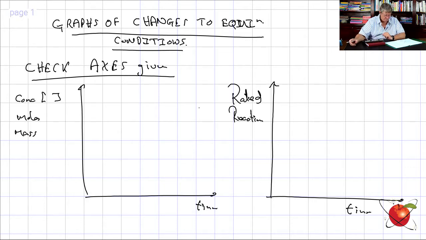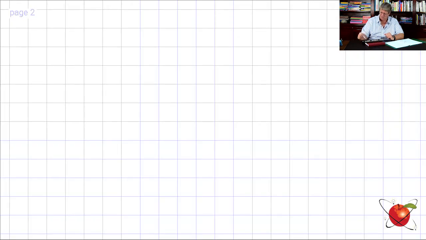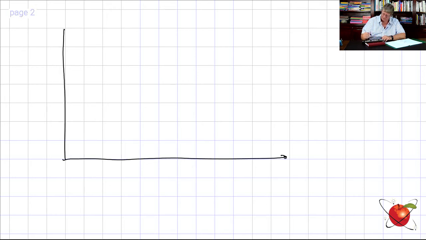Now first, let me just go back to the beginning of where we started this whole process. We started it here, where we said the rate of reaction, and the others, at t equals 0.